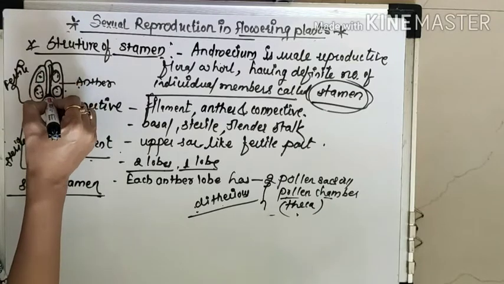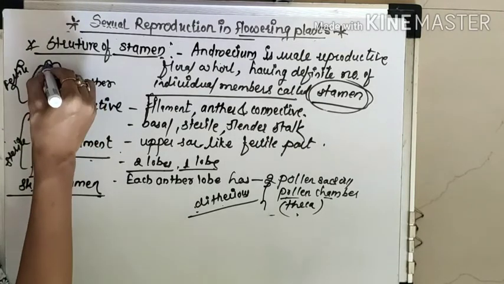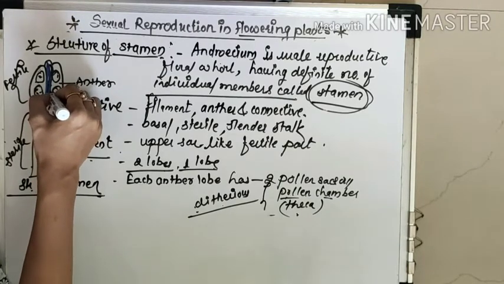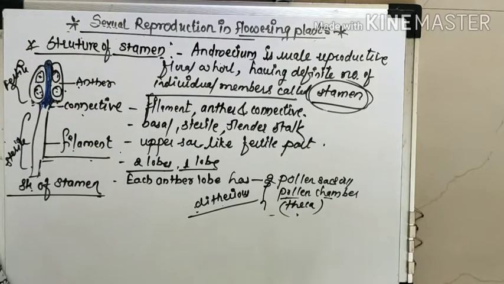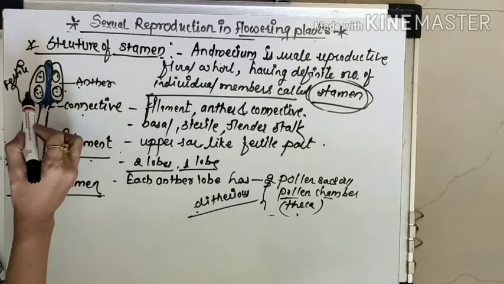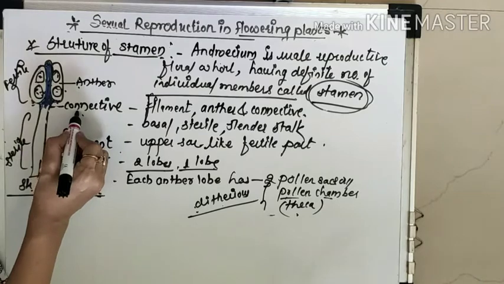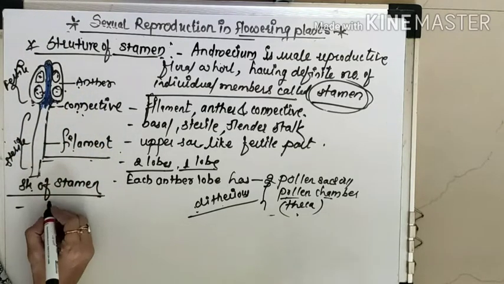You can see this strip, which I am drawing in blue. It is called the connective.